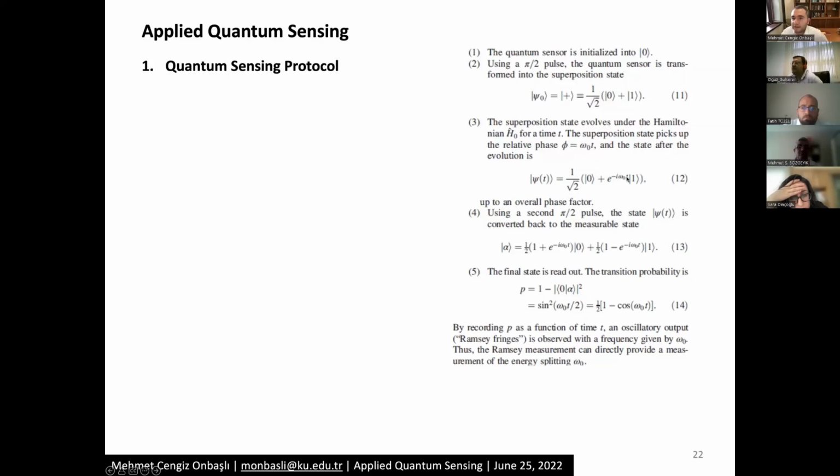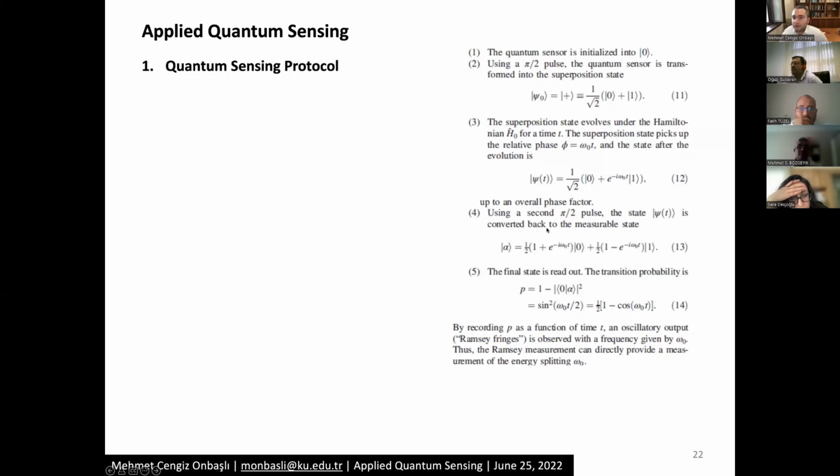And this phase factor is going to be something that we are going to actually pick up at the end of our measurements. So what we do next is when we are applying our field using a second pi/2 microwave pulse, we essentially convert back to the measurable state. So we are essentially doing the following.